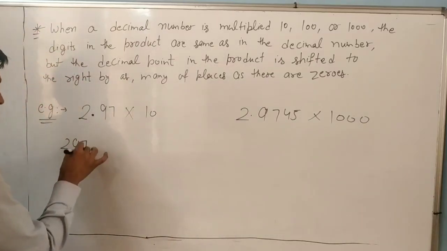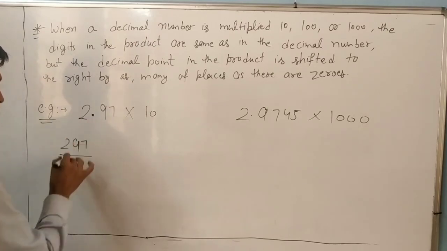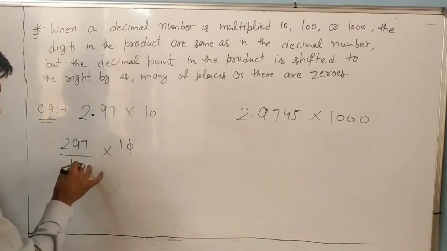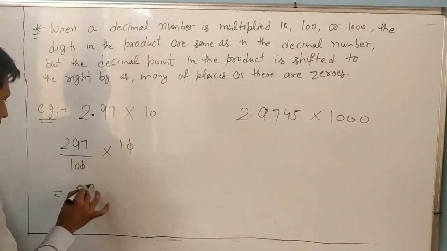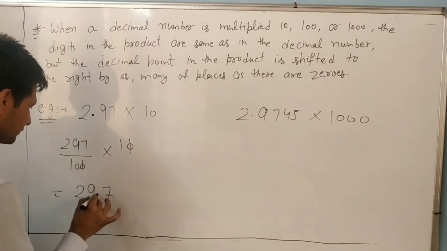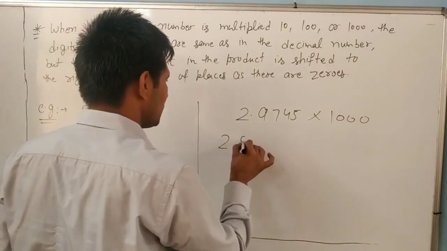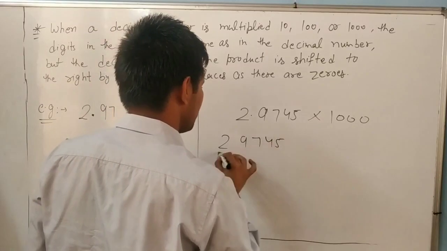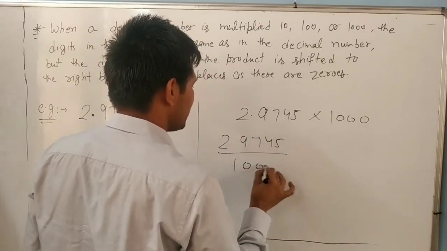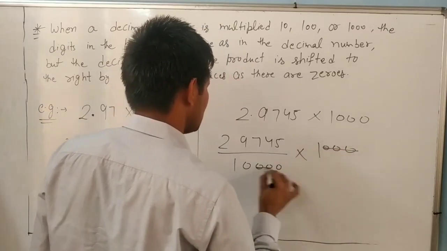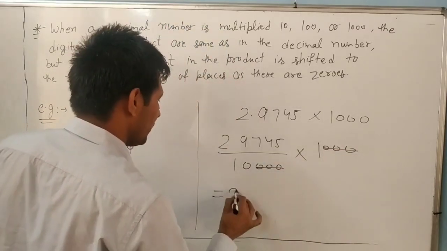We have two options. First is remove the decimal: 29745 into 10, 0 cancels 0, so how much remains? 29745, same as it is. Remove the decimal, 1 2 3, and there is 1 zero.